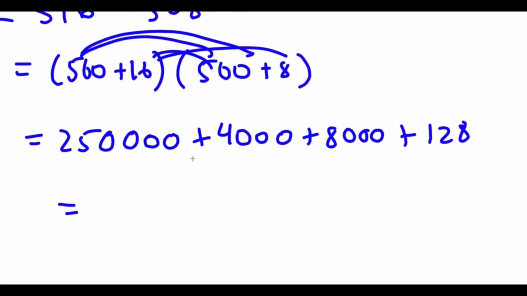Now I'm going to add all of these. So 8,000 plus 128 is 8,128.